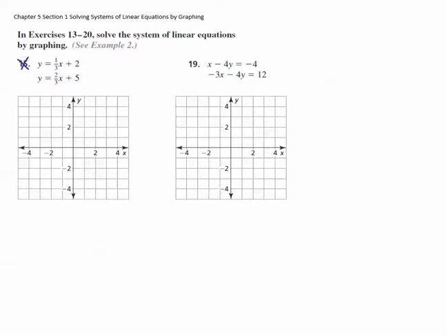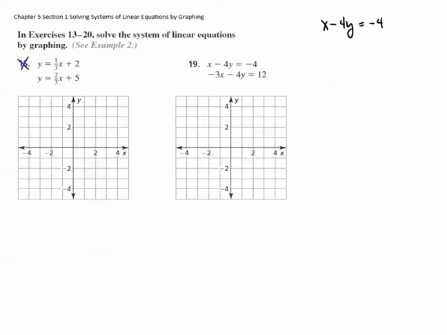And in order to graph these, I'm going to have to put them into slope-intercept form, or that's one way that I could do that. x minus 4y is equal to negative 4. Again, another way that I could do this, let's try it this way using the method of intercepts.